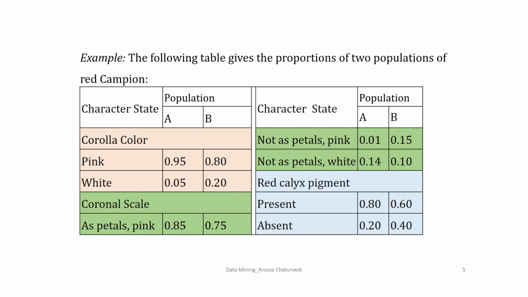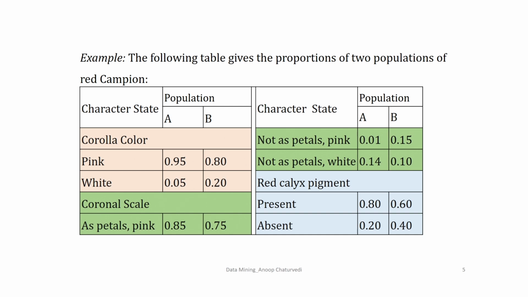Now, we consider this example. So, this table actually gives the proportions of two populations of red campion flower, and you have two populations A and B. Then you have different characters or character states. Say the first state is corolla color, pink or white.